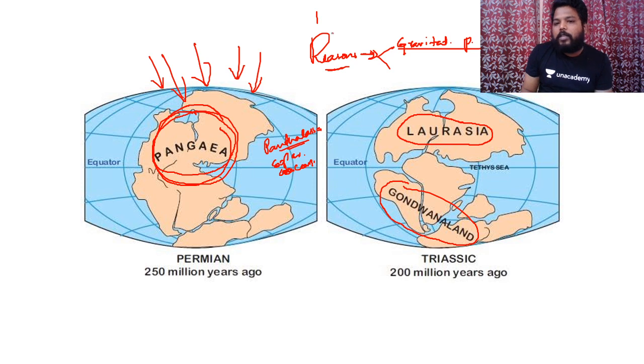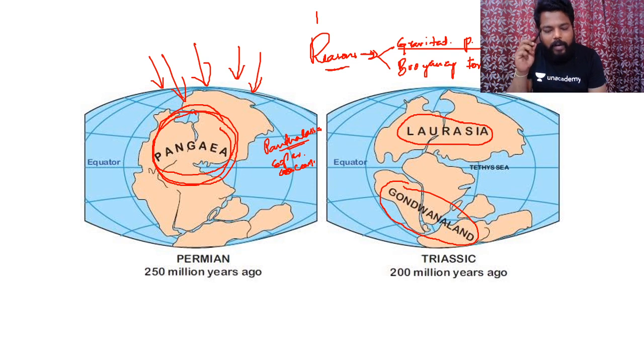The second reason given by Alfred Wegener was buoyancy force. As he believed the concept of Edward Suess, which itself was false, on top of that false concept Alfred Wegener believed that theory and said that it is buoyancy force. It means the continents are floating on the oceans. That's why they are drifting towards the north. These two were the reasons propounded by Alfred Wegener.